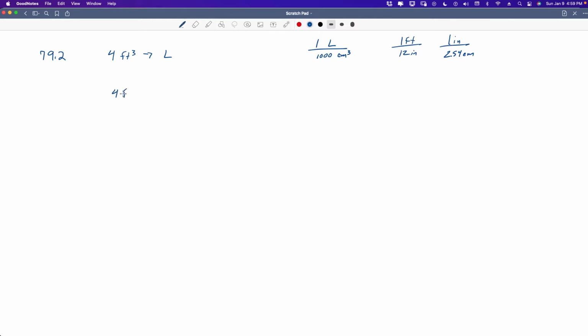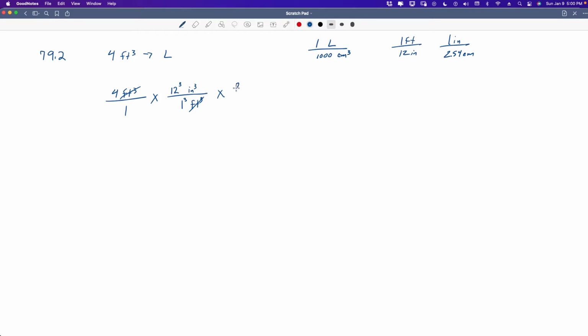So 4 feet cubed over 1 times, now we're going to go from feet to inches, so 12 cubed inches cubed over 1 cubed foot cubed. So we can cancel out feet cubed. Times, now we're in inches, we're going to go to centimeters.